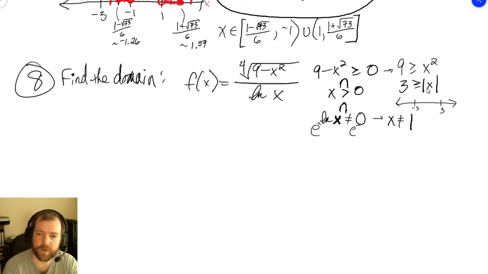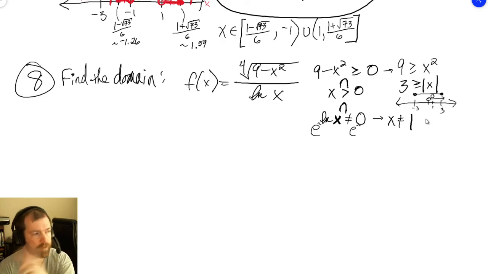So the absolute value of x being less than or equal to 3 would allow for any values between -3 and +3 inclusive. However, x cannot be 1. And also, x must be greater than 0.